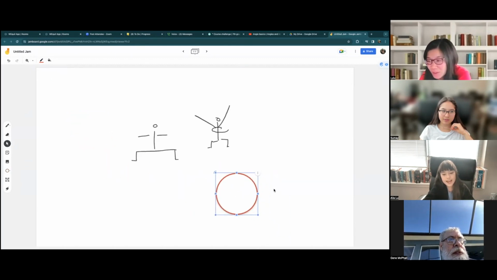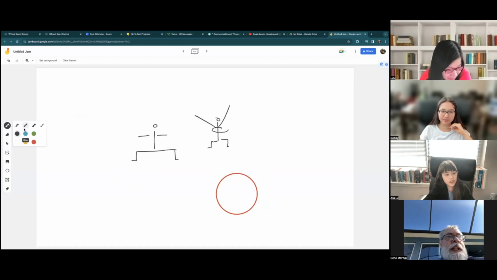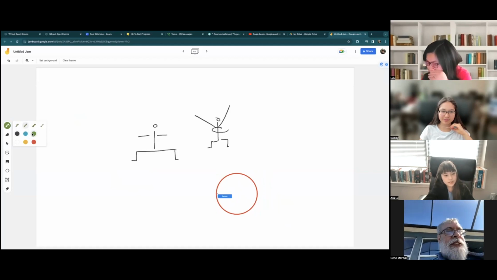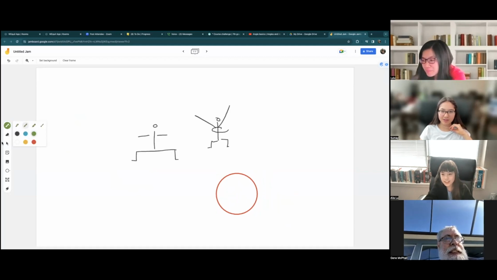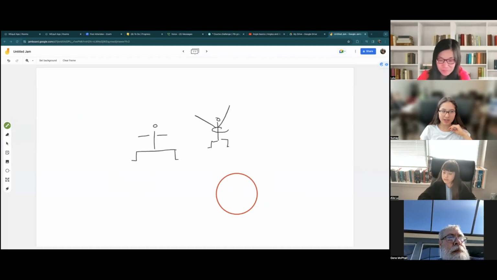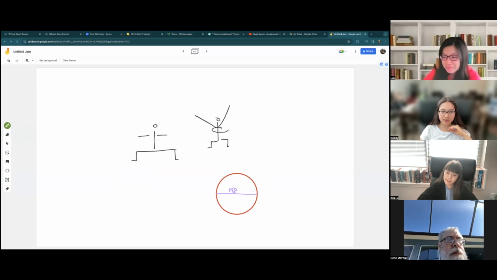It's used a lot in navigation. One thing you can show is 180, then you have 90.